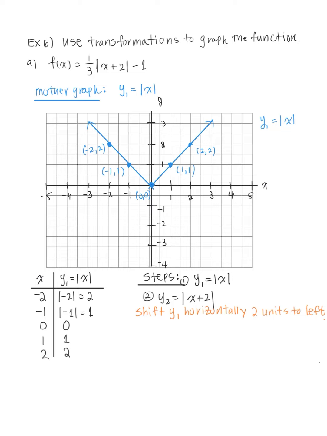Now let's go with step 3. So what I usually do is I do the vertical shifting at the very end. So let's go with, for the third step, let's compute 1/3 times absolute of x plus 2, sorry. So here, let's go with y3 is going to be 1/3 times the absolute of x plus 2.